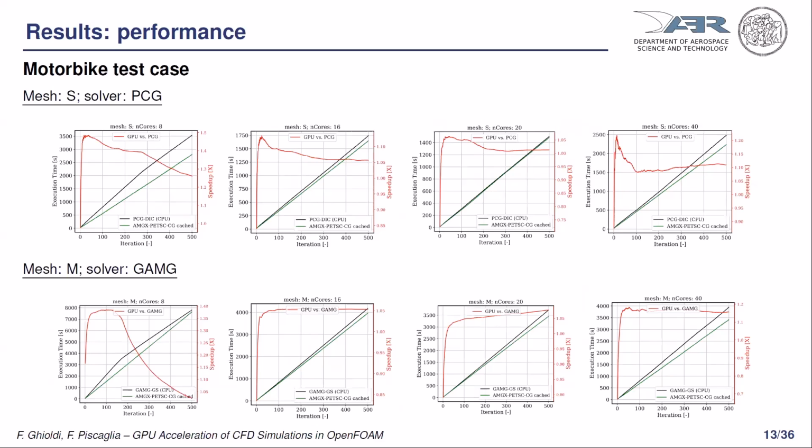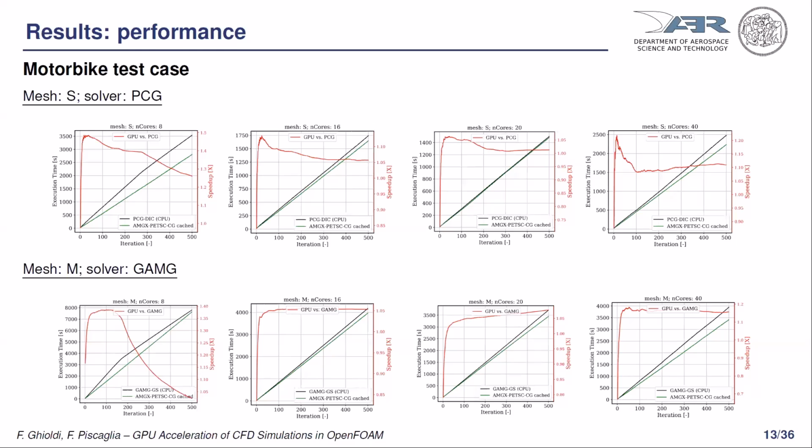And at the moment, if you compare solver against solver, so if you compare PCG against PCG from AMGX, or if you compare GAMG versus GAMG in AMGX, there is some slight improvement already at a few cores, but you need to go to much larger meshes and much more expensive problems to see a proper speed up, as the one that was shown before.